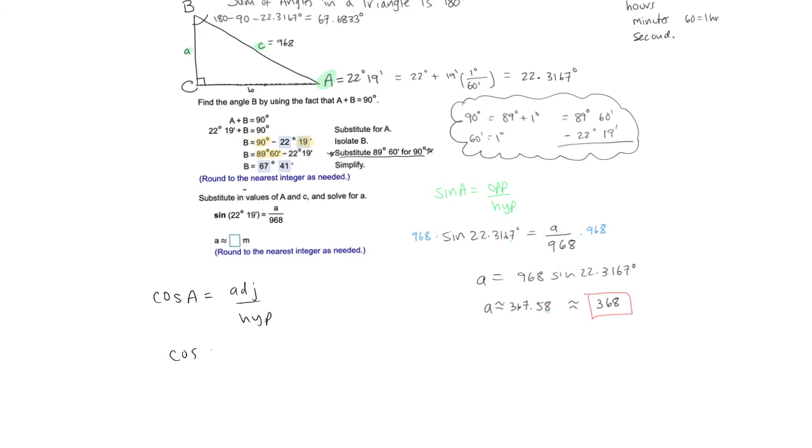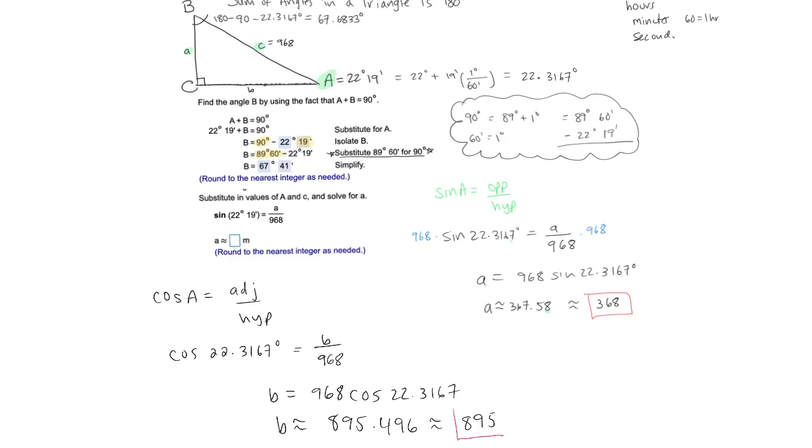So cosine of 22.3167 degrees is equal to the adjacent, which in this case is side B, over the hypotenuse, which is 968. Same thing, we multiply both sides by 968 to solve for B. We get approximately 895.496, and rounding to the nearest integer, I get 895.